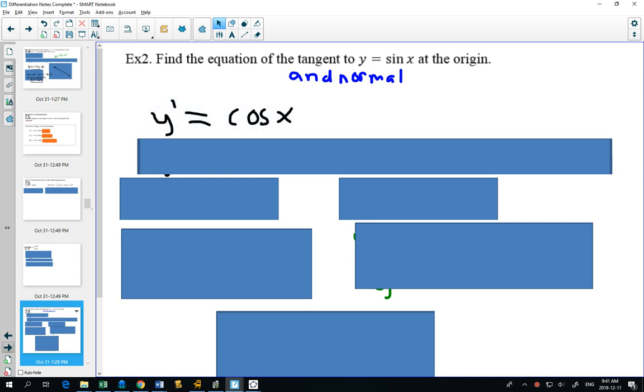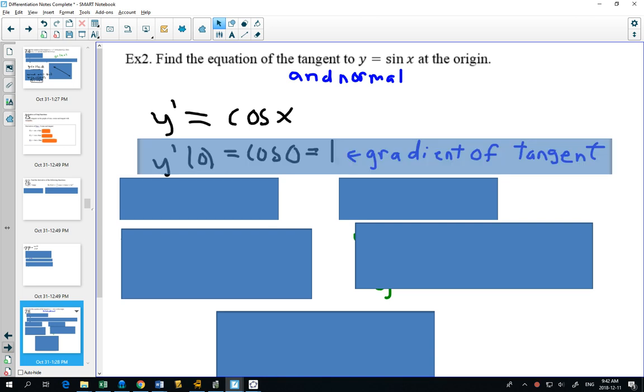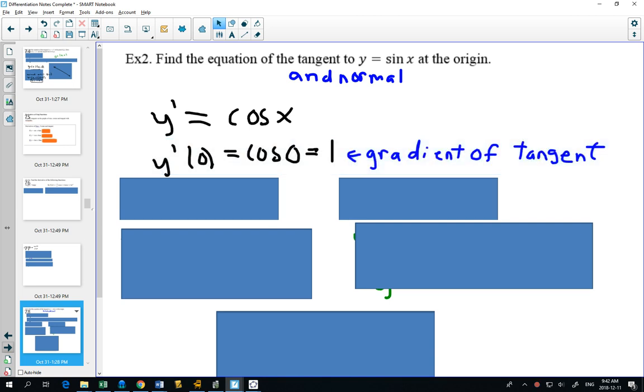And our derivative of sine is just cos. So if we plug in 0 into cos, we find the gradient or slope of our tangent. Try to use the word gradient as much as possible because you're not used to it like you are used to slope. So you get familiarized with it. So the gradient will be 1.